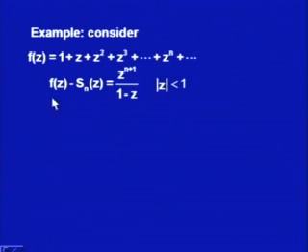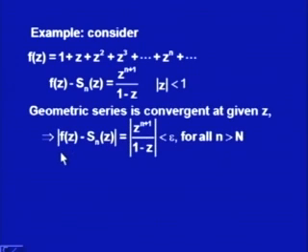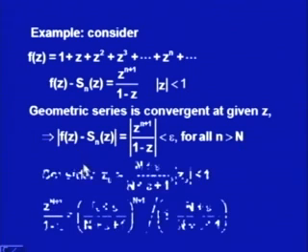This is the result which we have already established, and the geometric series is convergent at any given z. So, |s(z) - s_n(z)| = |z^{n+1}/(1 - z)| is less than epsilon for all n greater than N. So, this is for a given z.